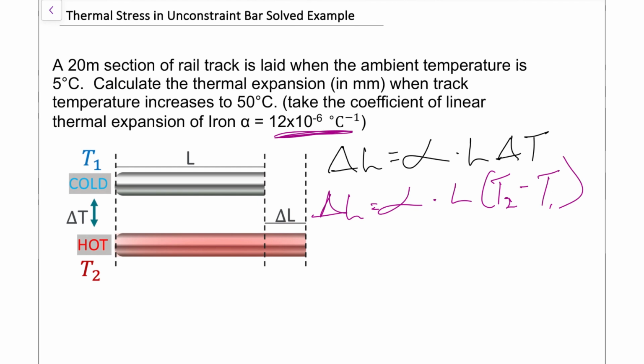So let's get back to the calculations. For our change in length, we have the coefficient of thermal expansion, and that's 12 times 10 to the power of -6. We also know what our original length is, and that's our 20 meters.